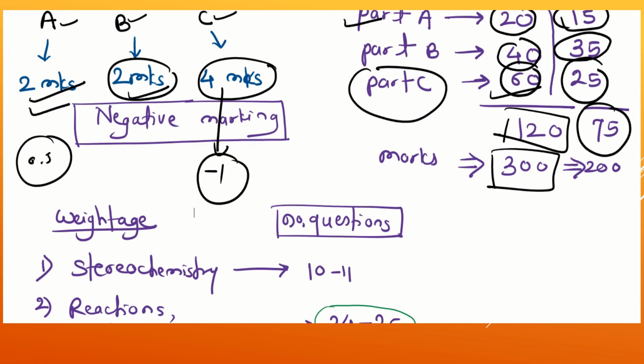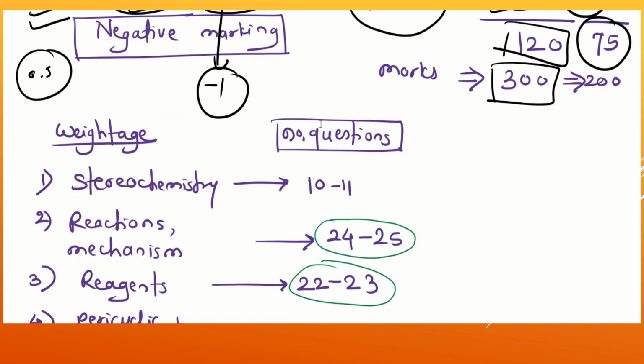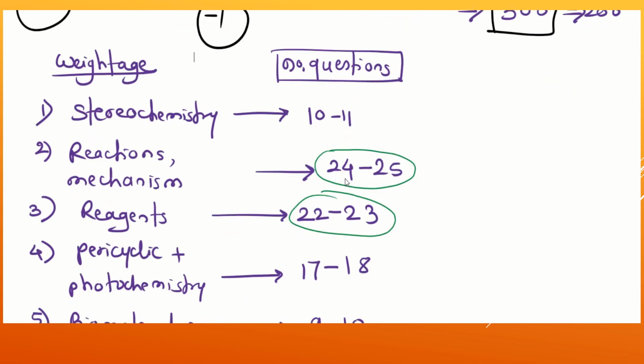So let's talk about the weightage. Particularly this is for chemistry, which is why I have put only the topics from chemistry. Here, for stereochemistry you will see 10 to 11 questions, and for reactions and mechanisms you will see 24 to 25 questions.